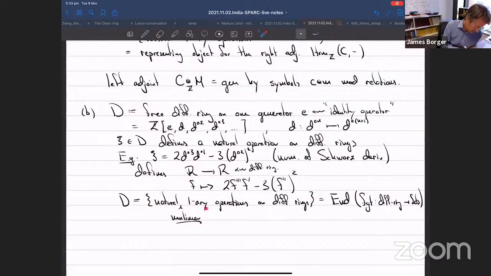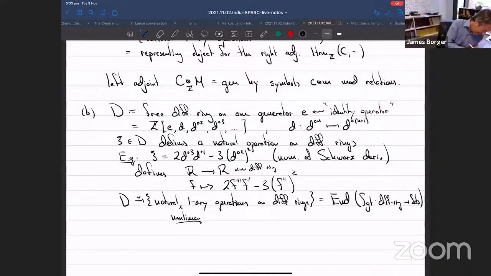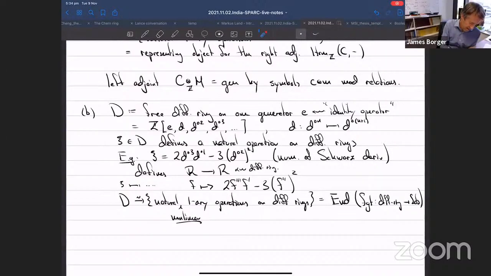Oh. So what I explained here, maybe it'll be a little confusing then. So there's a bijection. What I explained here was, if you have an element of D, which is a polynomial expression like this, it will give you a natural endomorphism of any differential ring, and in this case it's an endomorphism in the category of sets.